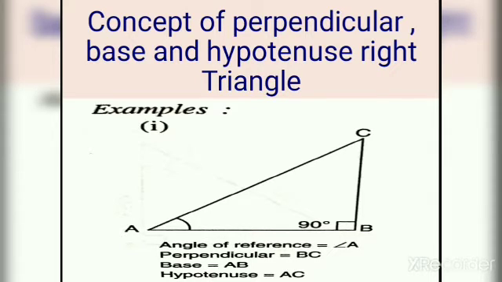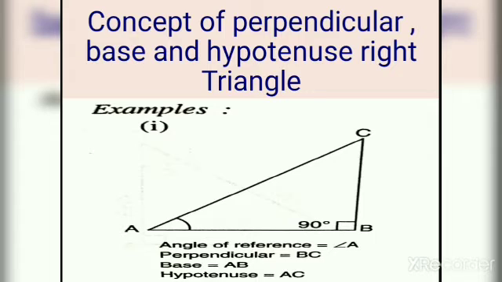For example, you can take this right angle triangle. Angle B is 90 degrees, so you can say this triangle is a right angle triangle. What will be the perpendicular, base and hypotenuse of this triangle? Let's see, with the angle reference A. We are going to take any acute angle, which is also known as the angle of reference in a right angle triangle. The side opposite to the acute angle is the perpendicular.